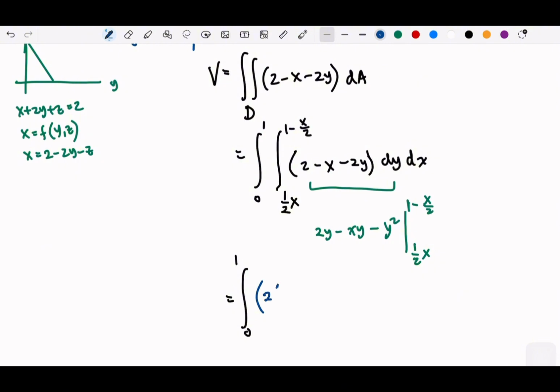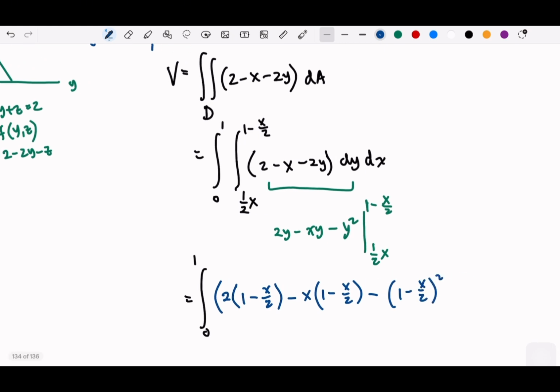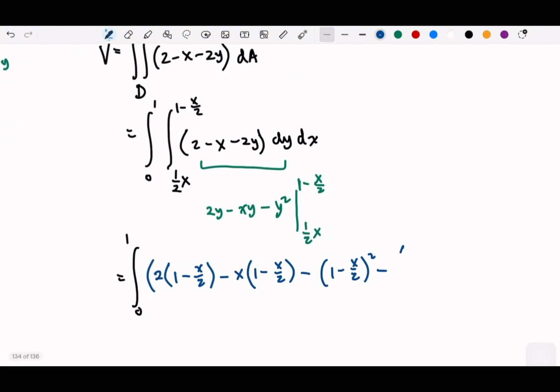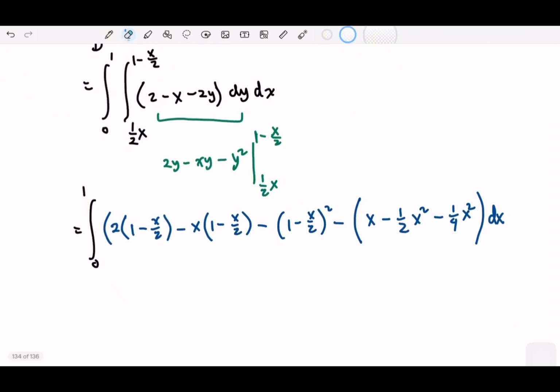So 2, and then minus, this is x, minus half x squared, minus 1 over 4 x squared, and then the x. Close bracket the x.